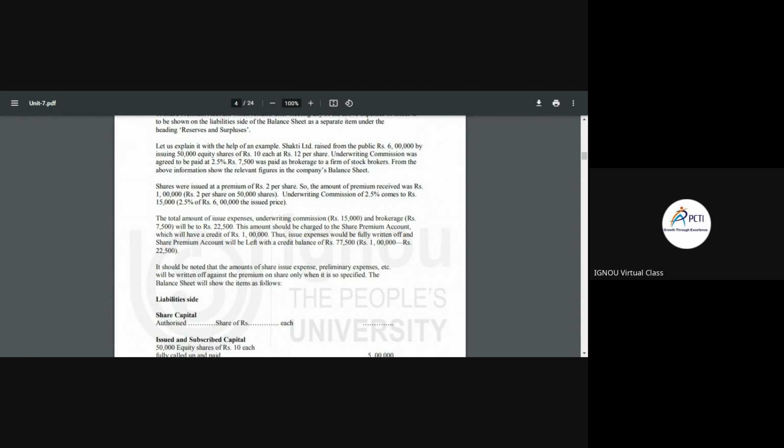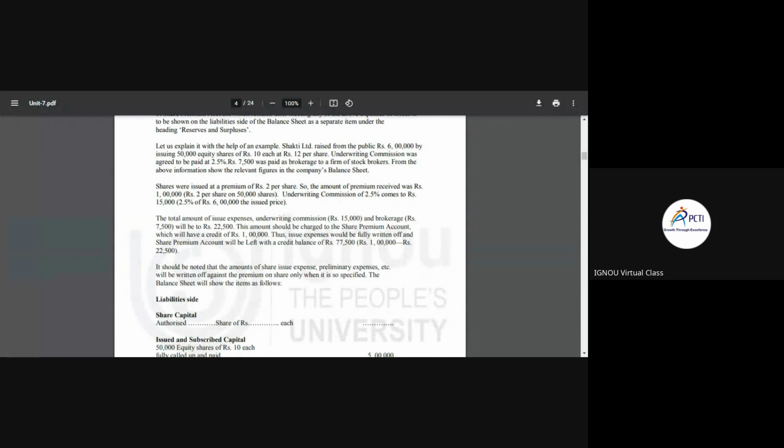The underwriting commission was agreed at 2.5%, and 7,500 will be the brokerage to the stock broker. From the above, we need to make a particular balance sheet.